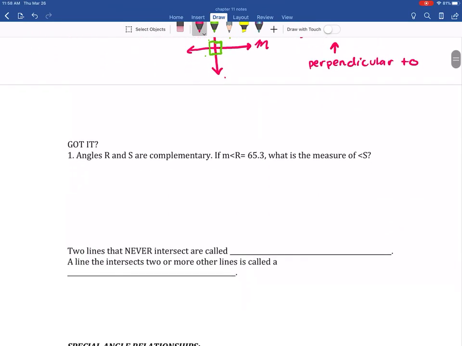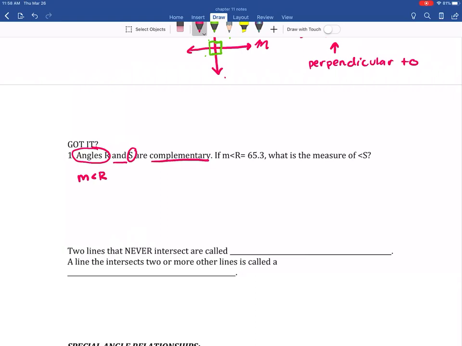So this one says angle R and angle S are complementary. Now that was one of our angle pairs. Complementary meant that they add to 90 degrees. So just based off of this first sentence, I have angle R, angle S, and. So I've done my circling and underlining, now I'm going to write it out.